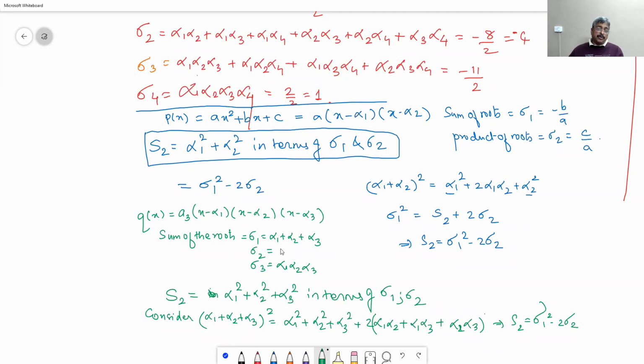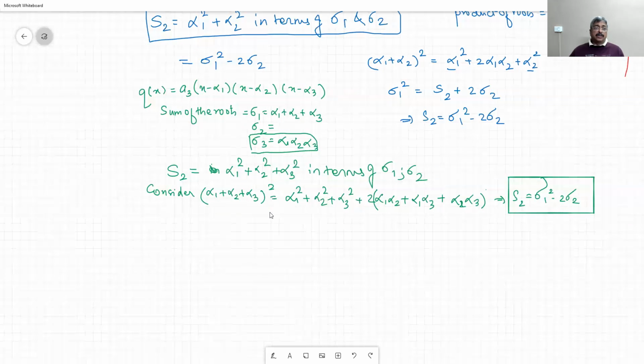Doesn't matter whether it is cubic, 4th degree, 5th degree, 6th degree, nth degree, S2 will continue to remain the same. Because you are supposed to take the product of only 2 terms. Either you multiply the same term with itself, or with somebody else. Those are the 2 combinations. You are not allowed to take multiplication of 3 terms together. That is why sigma 3 is not there in the picture. Do you understand this? We need not calculate S2 for higher degree polynomials. It is going to be sigma 1 square minus 2 sigma 2.